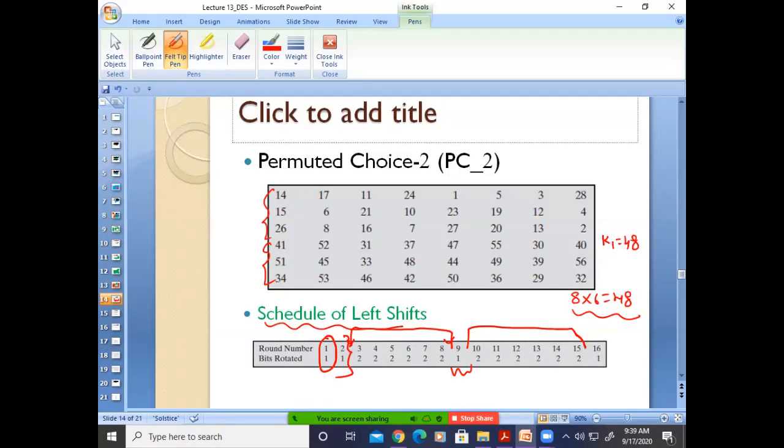So a different number of bits are rotated based on the rounds, either 1 bit or 2 bits. Is this clear also? How many bits are rotated in each round? Yes, clear?